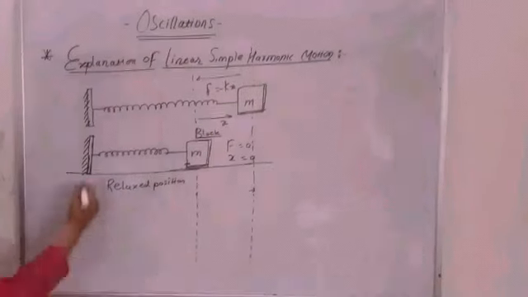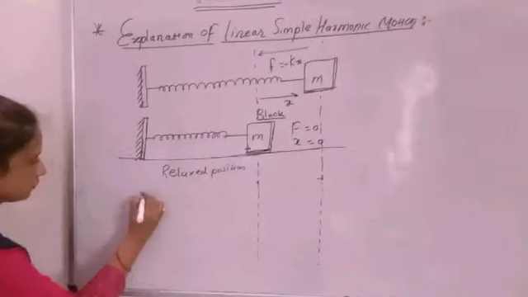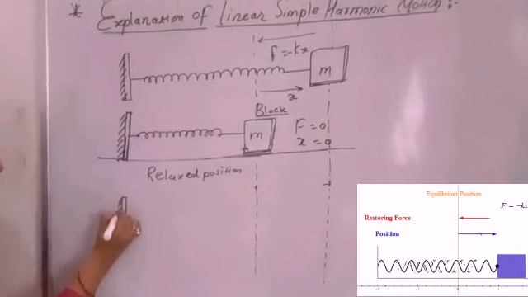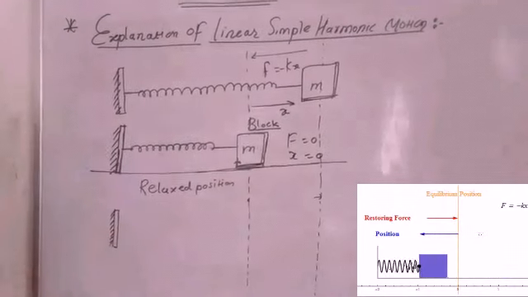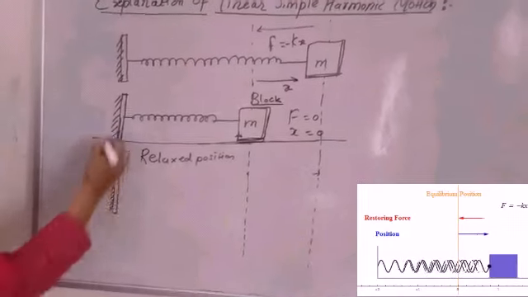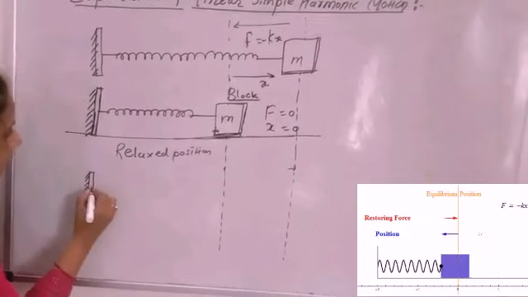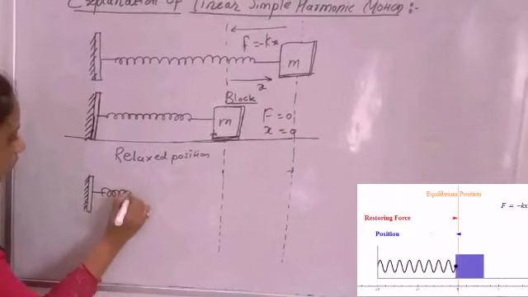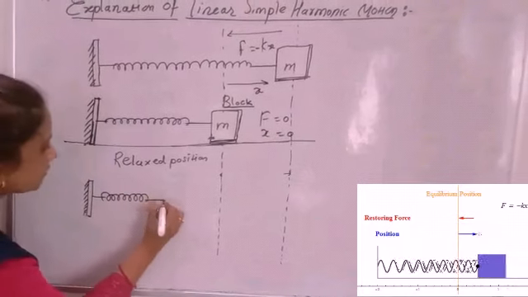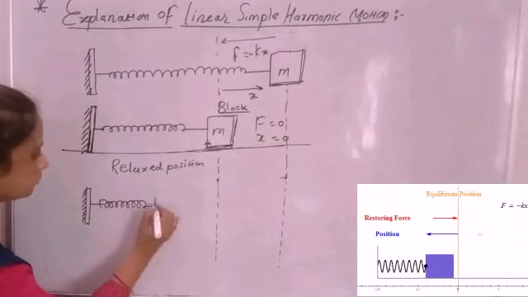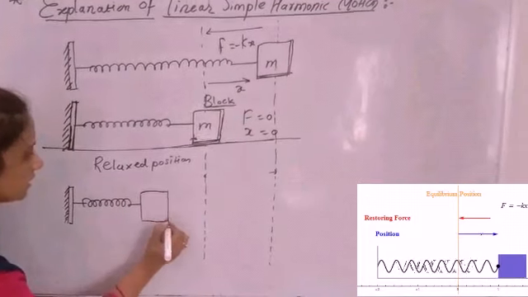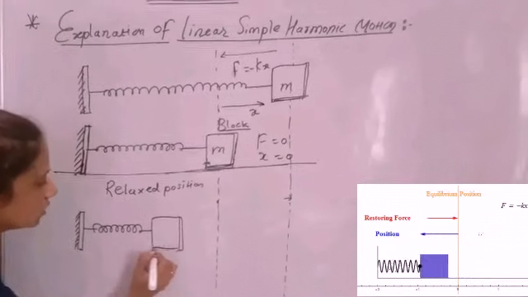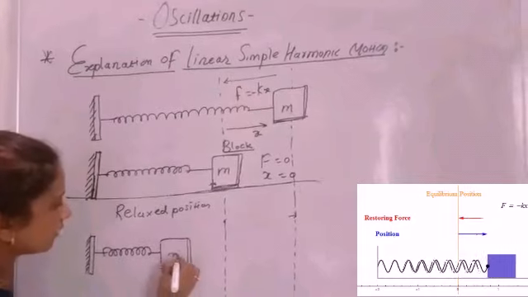Now, shown in the figure below. This is a rigid wall. Now the spring is compressed. This is a rectangular block having mass m.